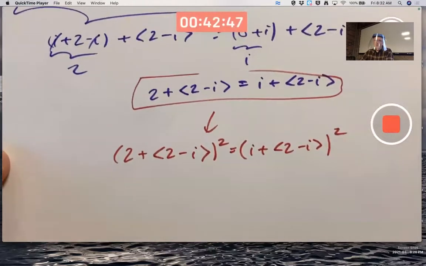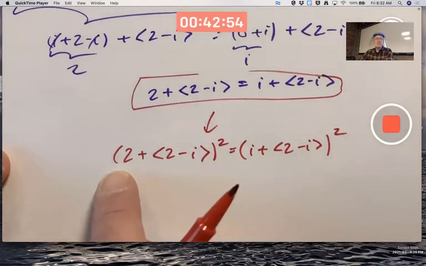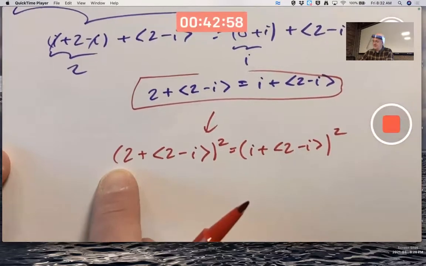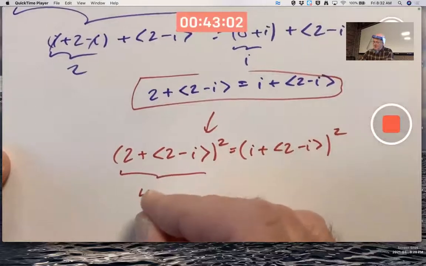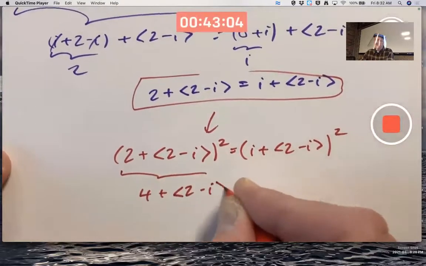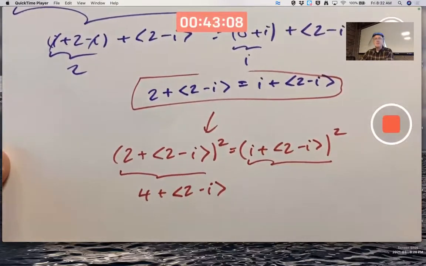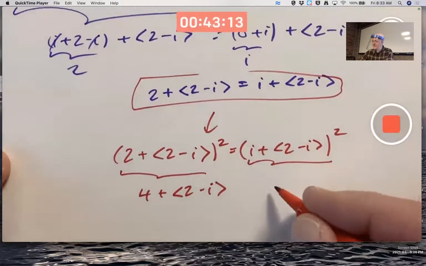But how do you square a factor ring element, a coset? Well, the squaring is a multiplication. You got to multiply the representatives. But if I'm squaring this one, I've got the same representatives in both factors. 2. 2 squared is 4. This is 4 plus the ideal. Same kind of thing over here. When you multiply cosets, you multiply the representatives. i times i is i squared, or -1.